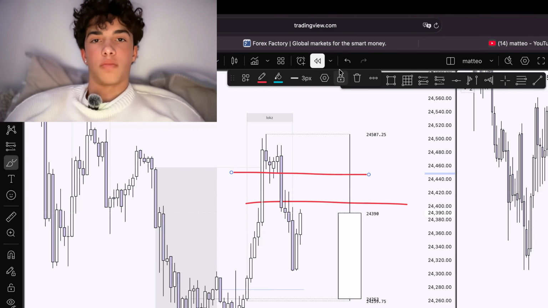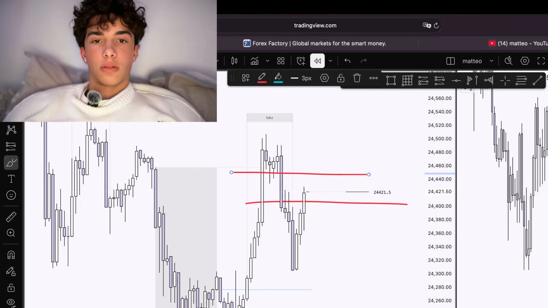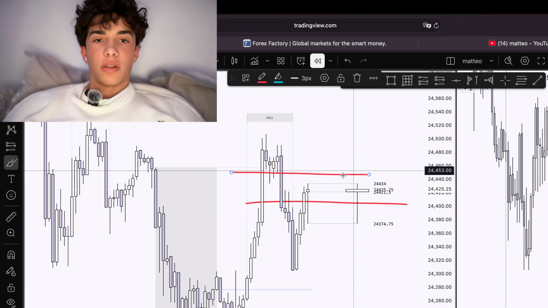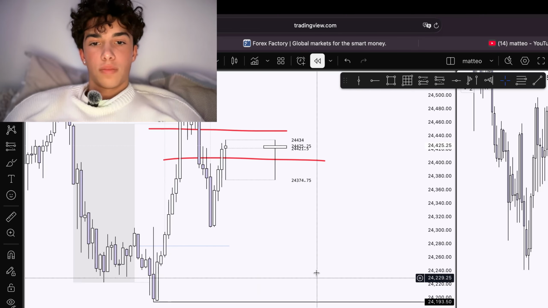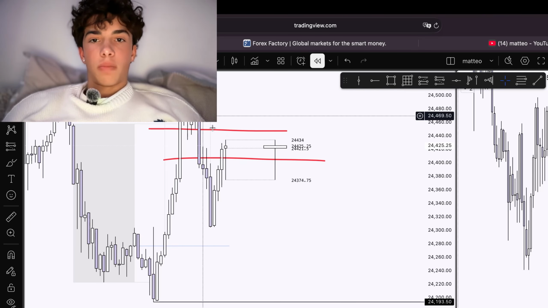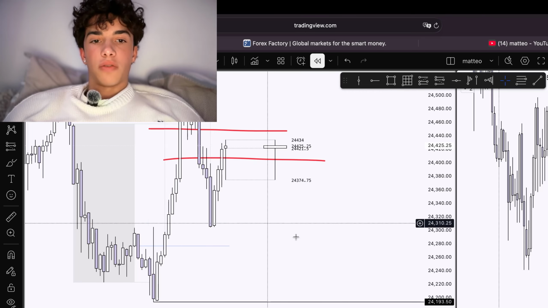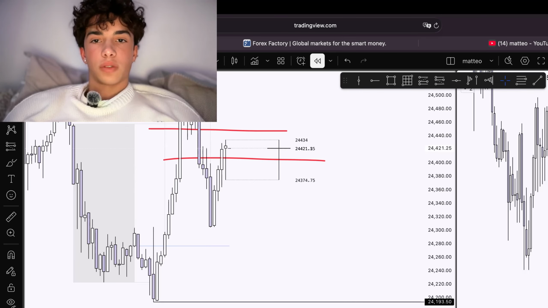Let's see what we get. Okay. Oh no, there is a new Po3, so never mind. But yeah, we left a big wick before, so it's good.